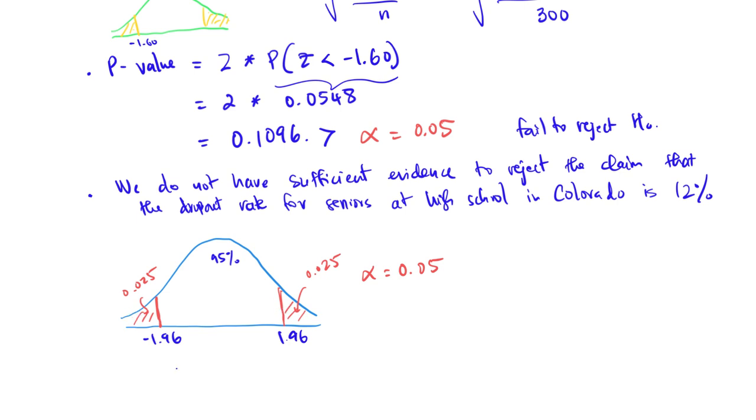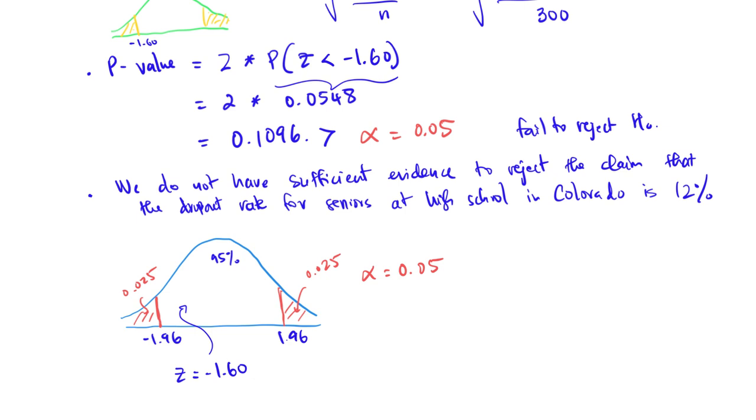We compute the test statistic, and it was z equals negative 1.60, and this negative 1.60 is not to the left of negative 1.96, and that is why we failed to reject the null hypothesis. So if we do not use the p-value, then we have to find the critical value so that we can compare it to the test statistic to make the conclusion.